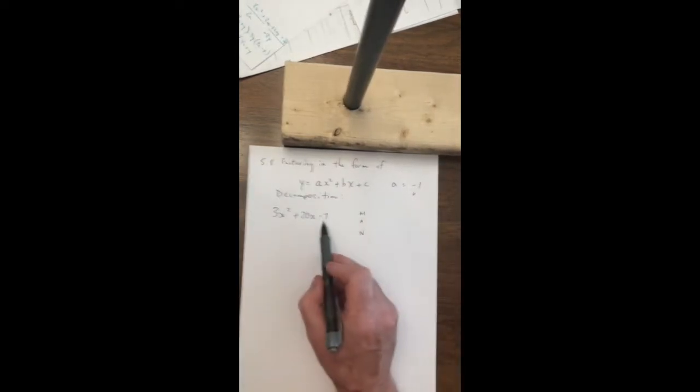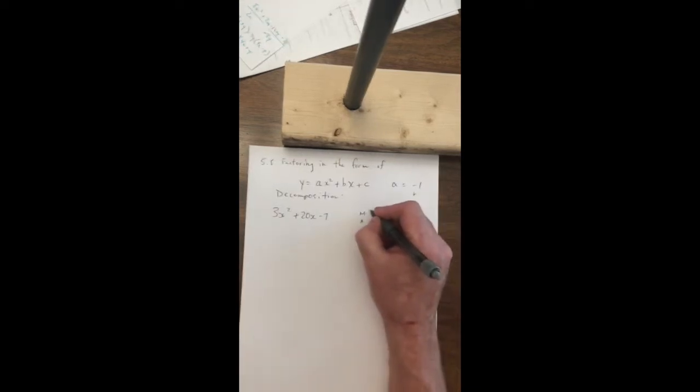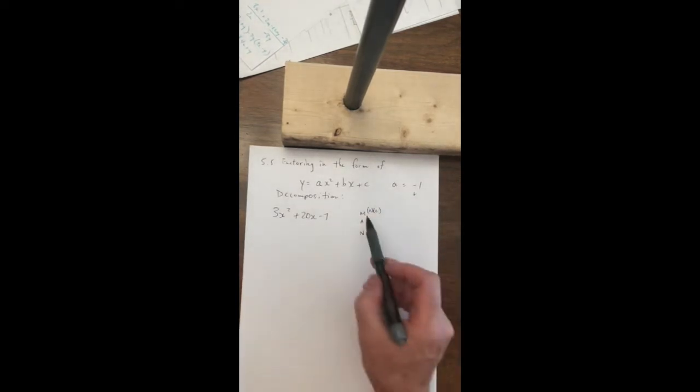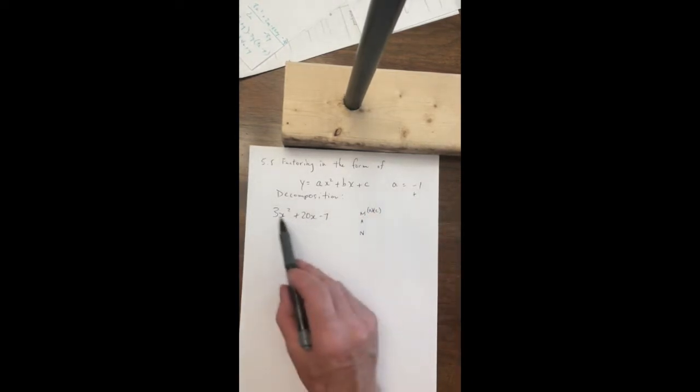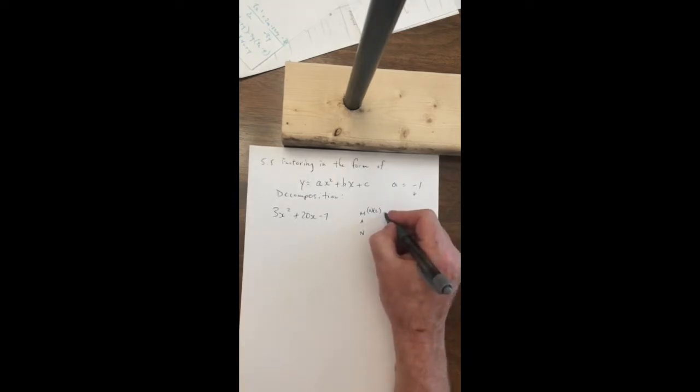But the way it's going to work is, last day our 2 numbers had to multiply together to get negative 7. Today there's a little bit of a twist, and that is we're going to look at a times c. Maybe I'll put brackets around those. So in this case, our 2 numbers have to multiply to 3 times negative 7, which is negative 21.